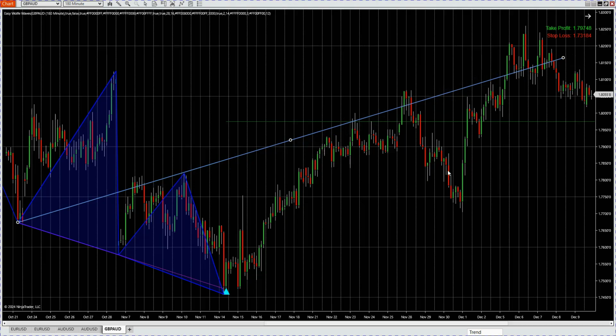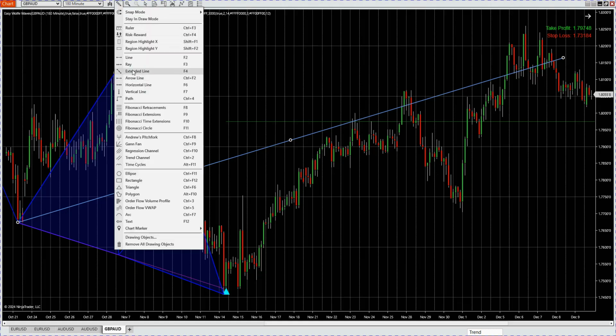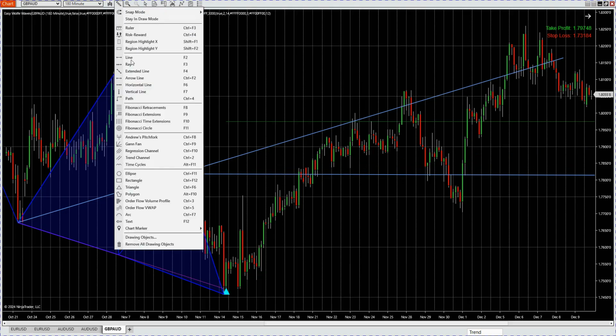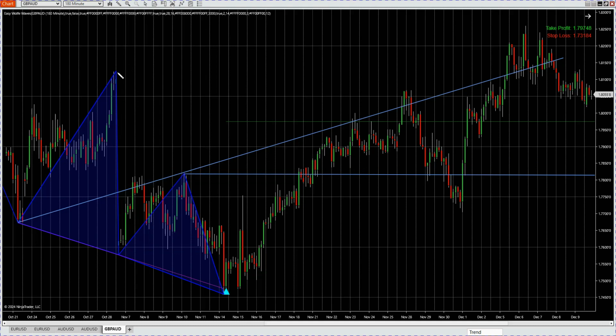We do have a pretty strong move here, but if we put the lines at the same points that we put them on the pattern, let's go with rays. We have a horizontal there, and a horizontal line here, horizontal right there, from there. So this works out very nice.